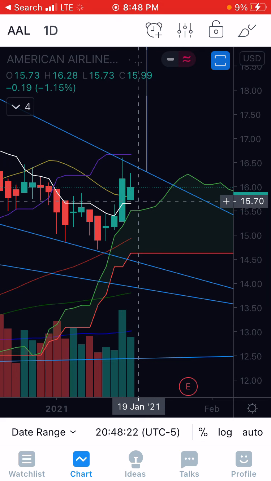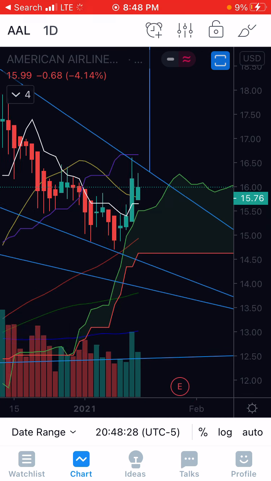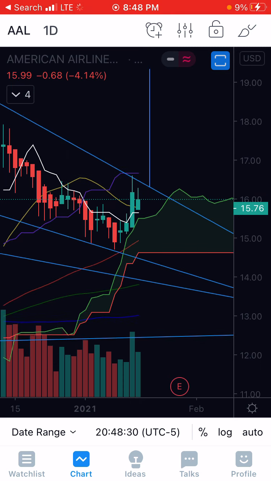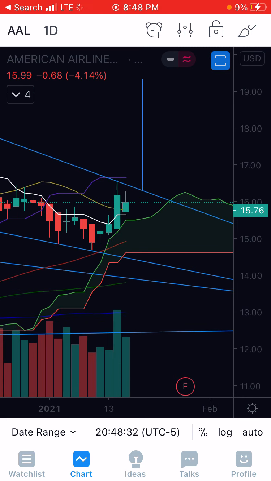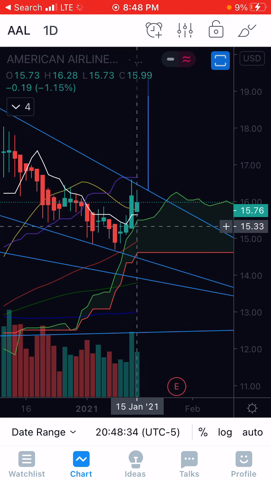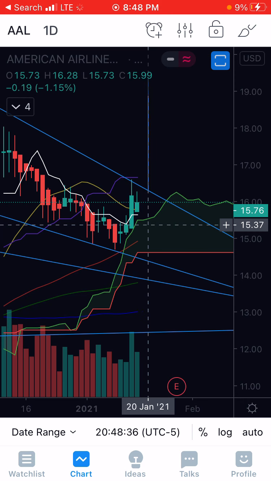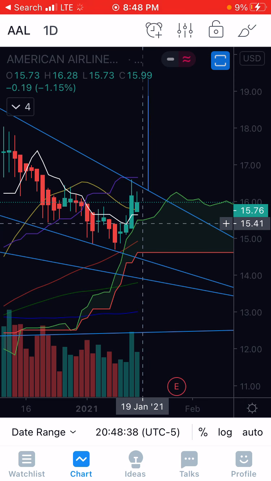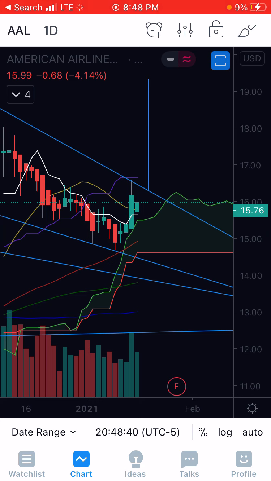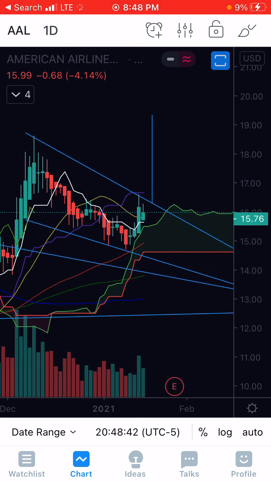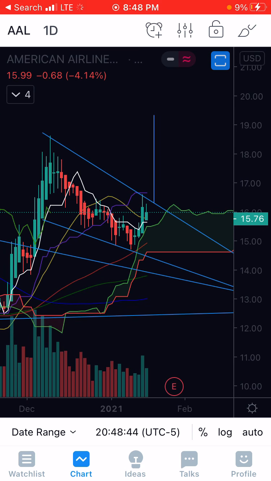So if you were looking to potentially look for a cheaper place to buy, you could look for 1552, and expect that it could potentially drop to that point, and then you could have your stop loss below the cloud if you'd like, depending on your risk to reward and all that. It looks pretty good to me actually in this chart.